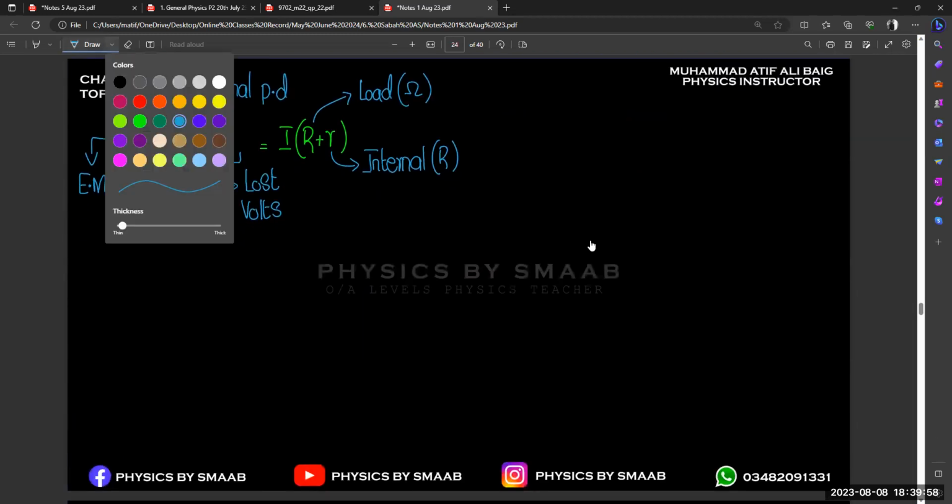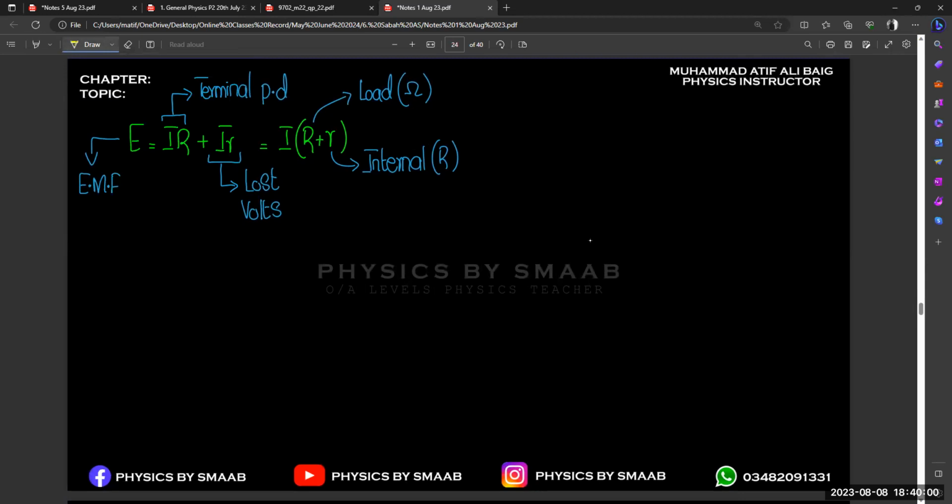Okay, let's suppose we consider a simple circuit initially. Let's suppose we have a power source, and the value of this component is 9.5 ohms. It is connected with this load.